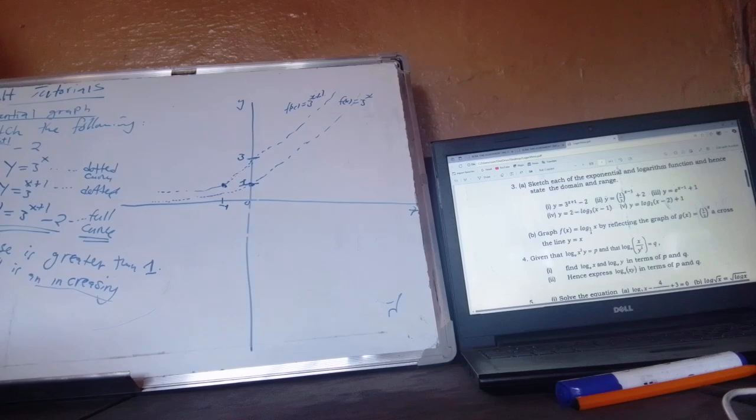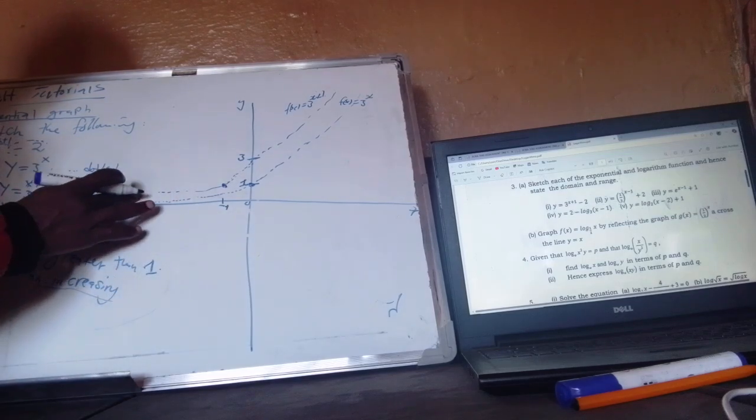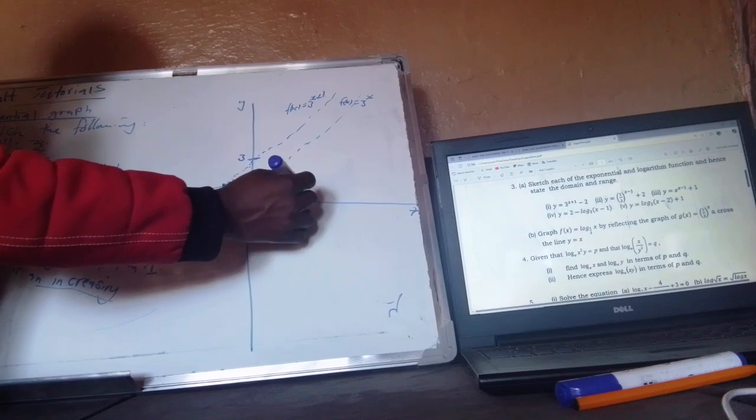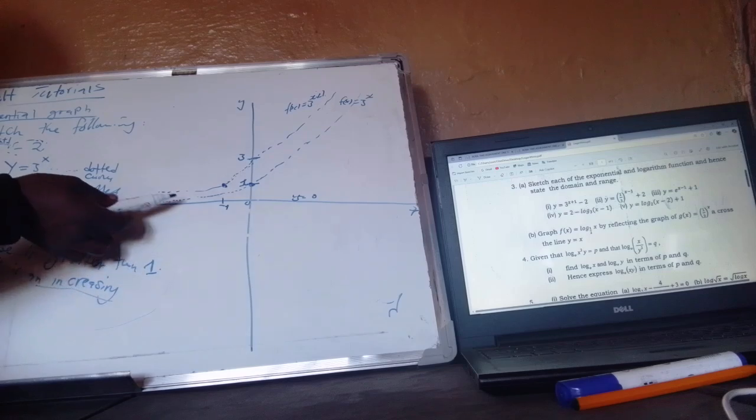Lastly, but not the least, the vertical translation, which is negative 2. Negative 2 means all the function should move 2 steps downwards. It's a vertical translation. Remember, starting with your asymptote. The asymptote here was y equals 0.